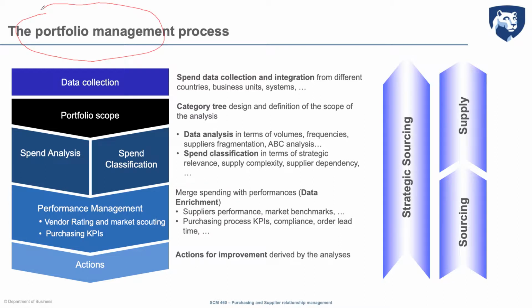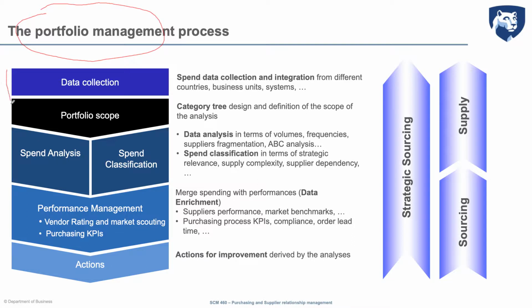Meaning that a company manages different types of categories, which of course requires a tailored category strategy, and we will see how to develop a category strategy. But overall, companies cannot manage categories independently; how we define the strategy is a process that needs to be managed in an integrated way.